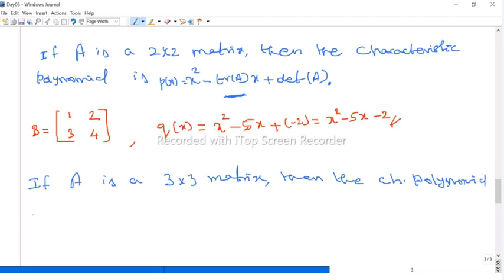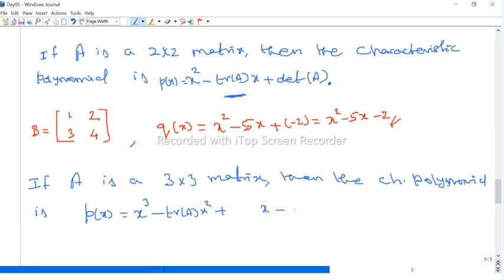again the same thing, we call it P of x. P of x equals, we start with x cube because it's a 3 by 3 matrix, minus something into x square. That is nothing but the trace again, so trace of A into x square. Then we put plus something into x.